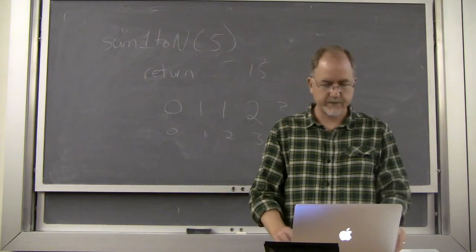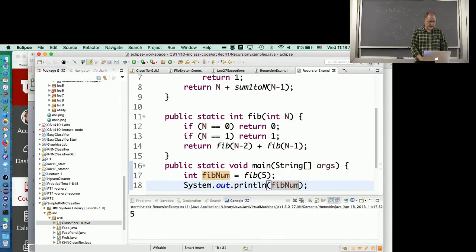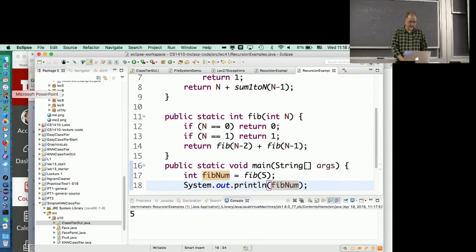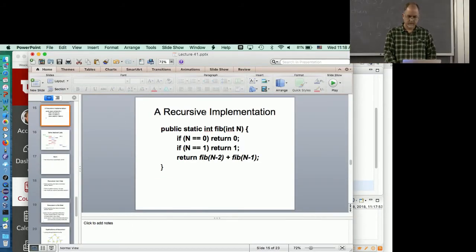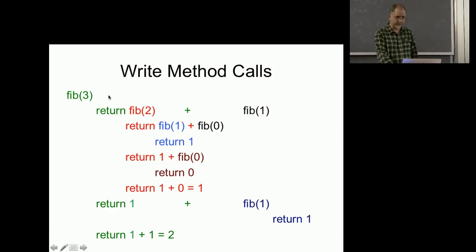And that all seems pretty nice, but it gets a little complicated. If we think about fib of 3, let's think of a real basic case. Fib of 3 is fib of 2 plus fib of 1. Fib of 2 is fib of 1 plus fib of 0.